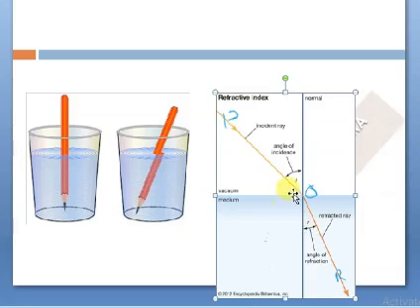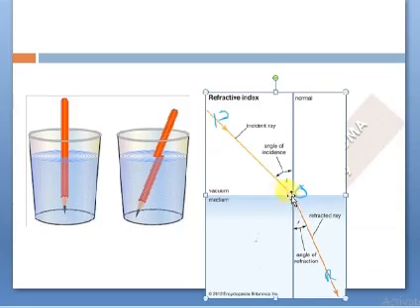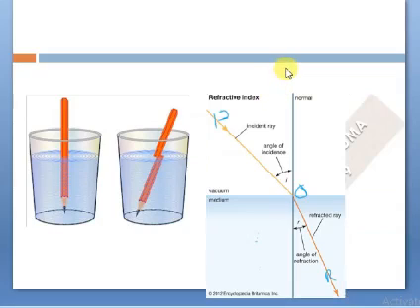And in this case, the angle of incidence, I, is greater than the angle of refraction. So take note, when a ray of light is moving from a less dense medium to a more dense medium, the refracted ray moves towards the normal. The ray is refracted towards the normal.